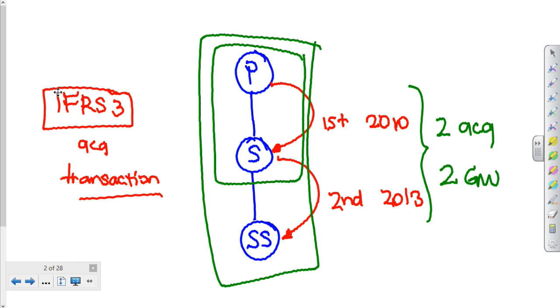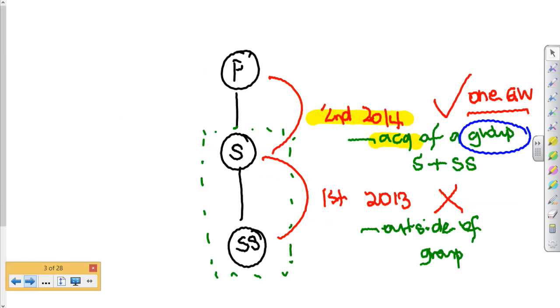Then, in 2013, the subsidiary bought shares in the sub-subsidiary. The second acquisition entry happened in 2013 from a group perspective, and that second acquisition entry, which was when our existing group, P and S, then bought SS, was a second acquisition entry, and so we land up having 2 acquisitions and 2 goodwills.